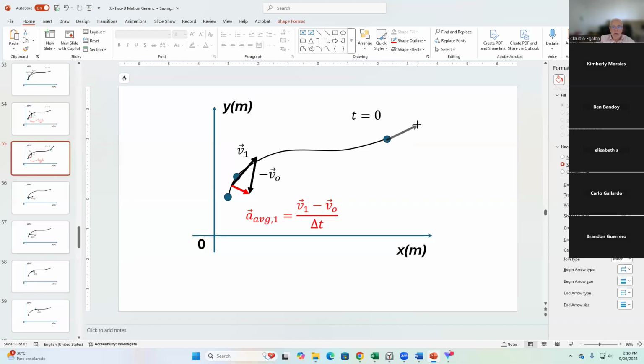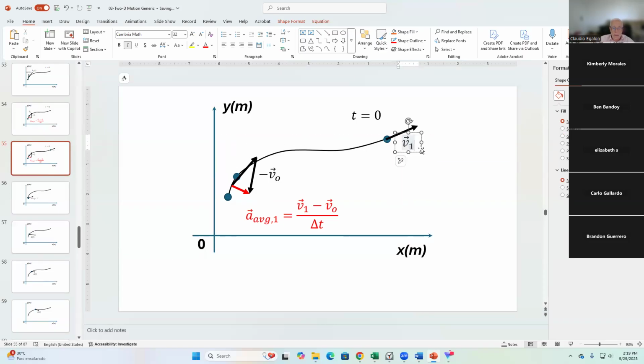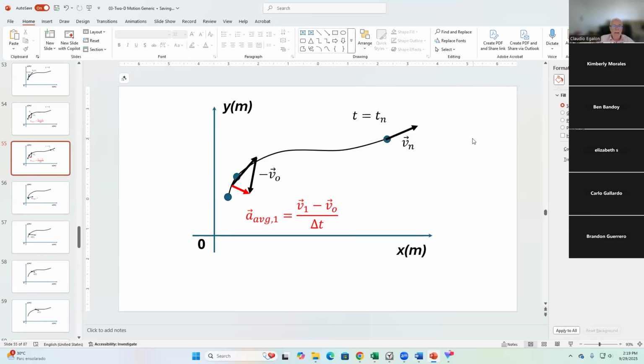It's going to be tangent, so it's going to be somewhat like that. And then I'll call that, instead of V1, Vn. And I call that T sub n. V naught doesn't change because I'm taking the same point. I'm going to eliminate this other point here, right?